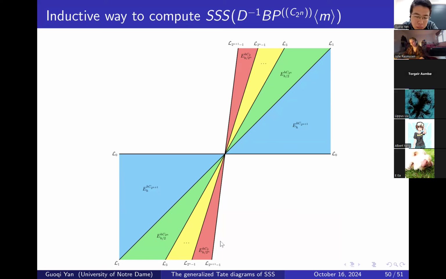And in the negative cone, these red, yellow, green cones are known by induction. Because of the differentials here, not too many classes will be left in these regions. So it simplifies the work for the blue region.